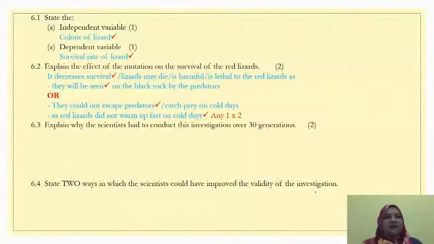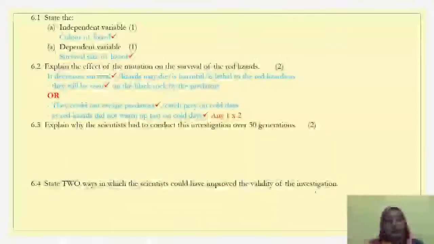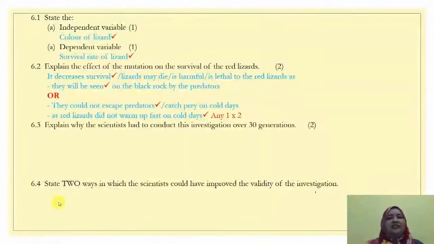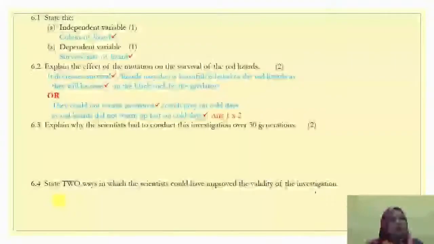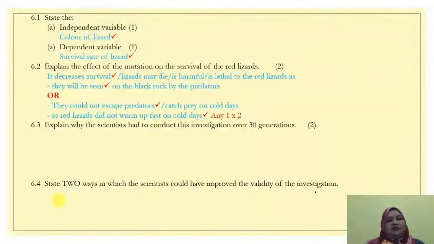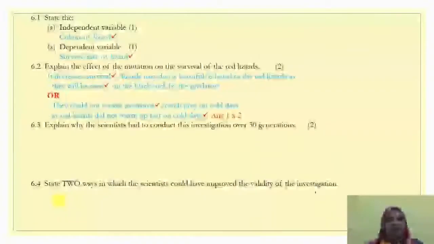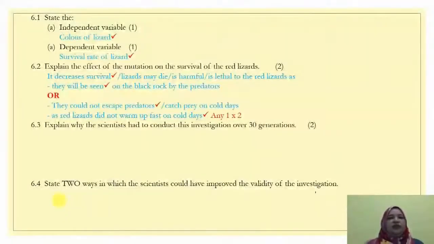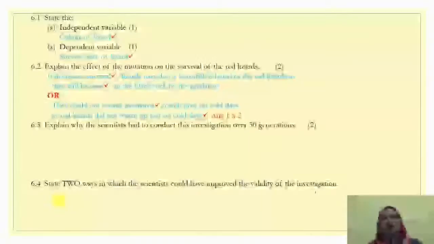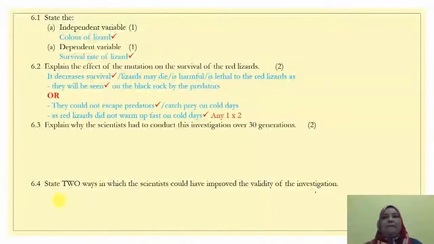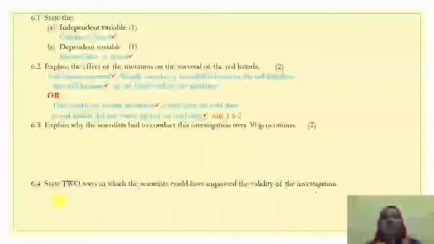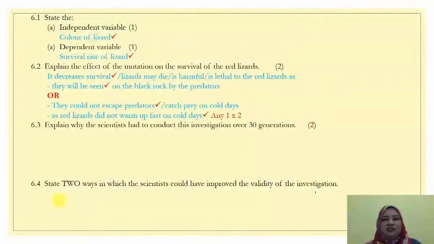Okay? So going back to our question, validity is how can I trust this? How do I trust what you are giving me as results to be true? So you must make sure that the way that you do the experiment or investigation must be the same for each and every generation that you are testing.